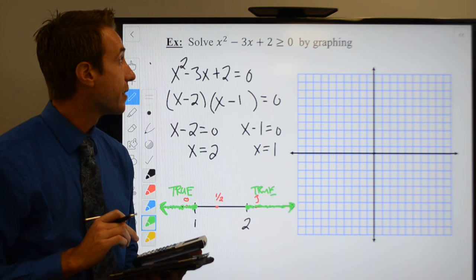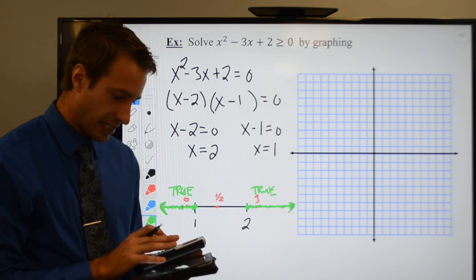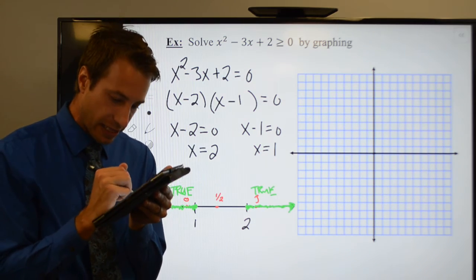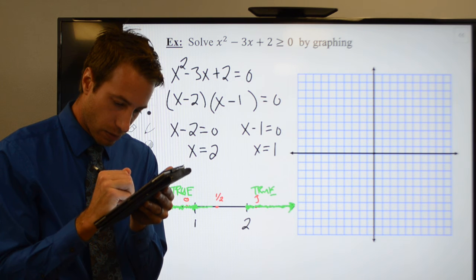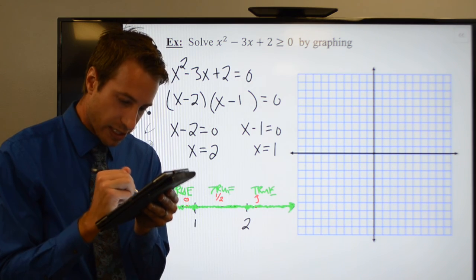I get 0.75. 0.75 is greater than 0. Yes, 0.75 is greater than 0. So this also is a true statement.